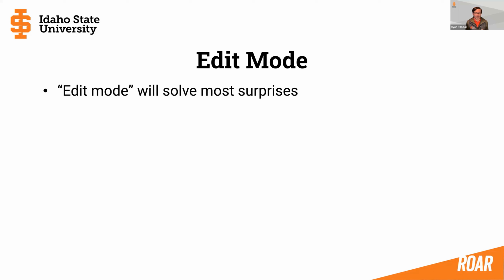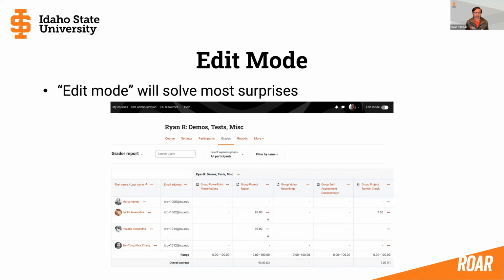Here's an example. If you're looking at the grader report and you can see multiple columns, and you're used to being able to click into these cells and edit the numbers directly, you might be surprised to see that they're either grayed out or just unavailable. If you pay attention to the top of the screenshot, that's where edit mode always lives, in the upper right corner of your screen.